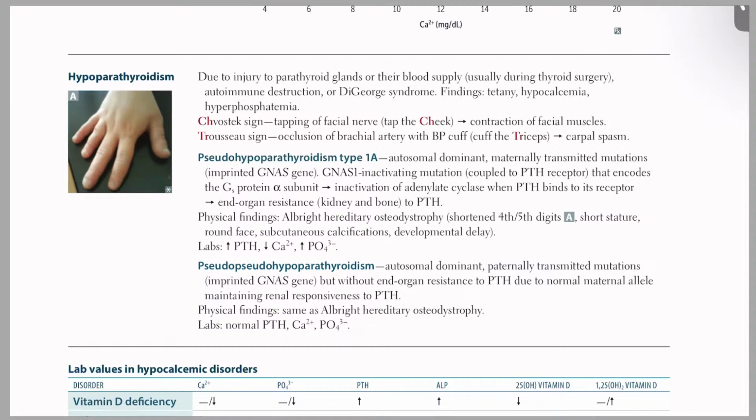Pseudohypoparathyroidism type 1A: autosomal dominant, maternally transmitted mutation of the imprinted GNAS gene.